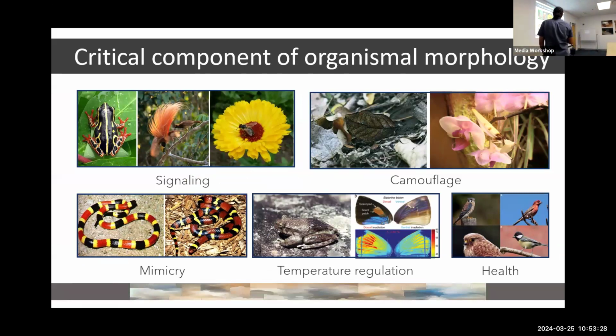It plays a wide variety of functional roles within species, both in terms of signaling, camouflage, mimicry, and even temperature regulation. But despite this being such a critical component of organism morphology, color is something for which we have very little consensus on how to measure and compare across species.